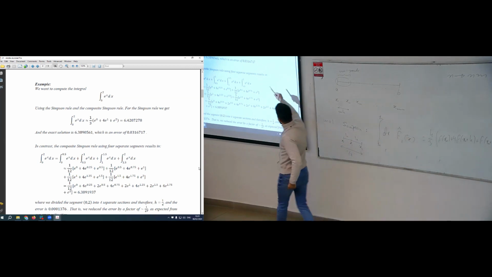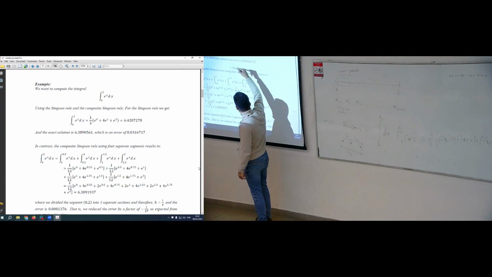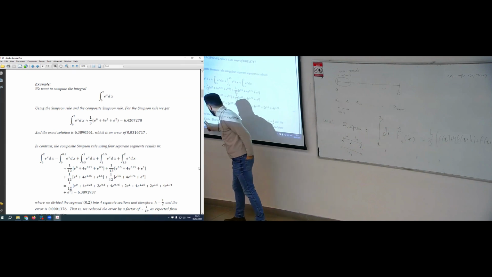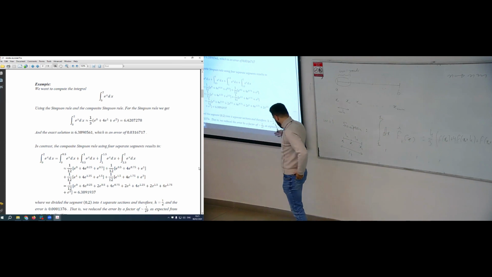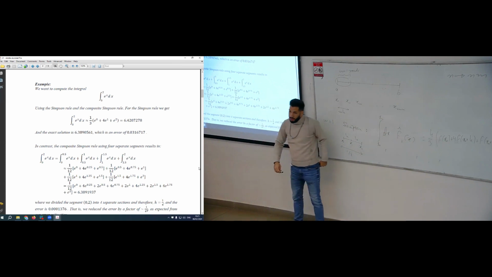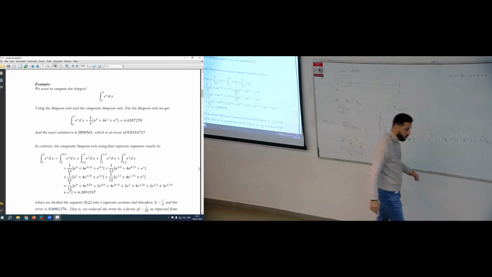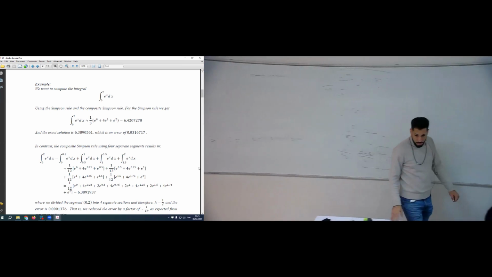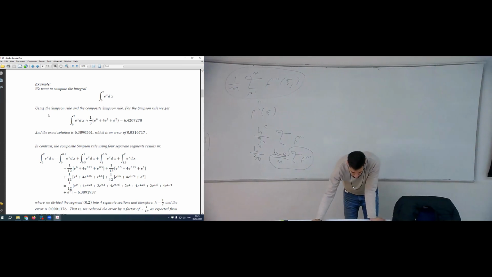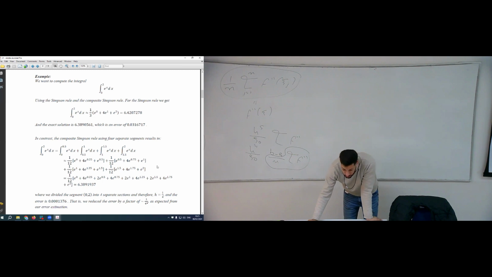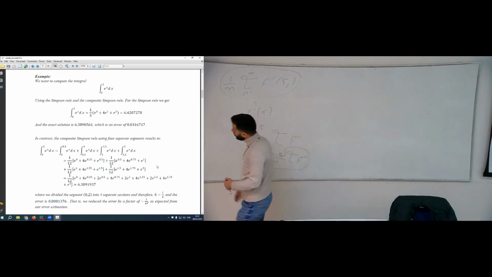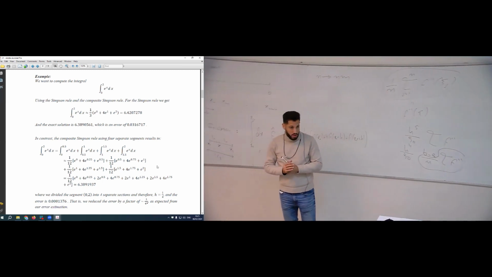So the error of the integral calculated with h being 1 is this, and the error with h equals 1/4 is this, and it really goes like 1/4 to the 4. Questions?